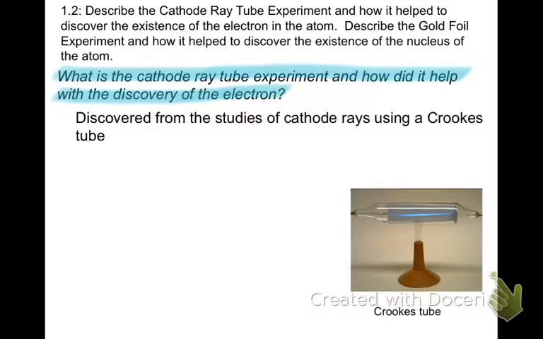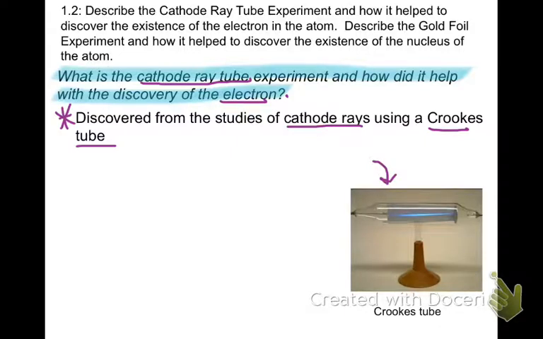We know right off the bat that the cathode ray tube experiment is what gave us knowledge of the electron. The electron was discovered from studies of cathode rays using what's known as a Crookes tube, pictured right here.